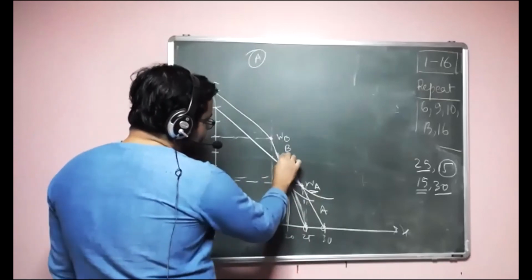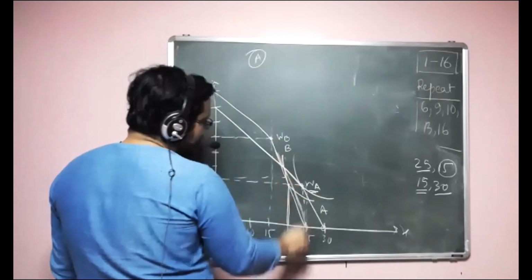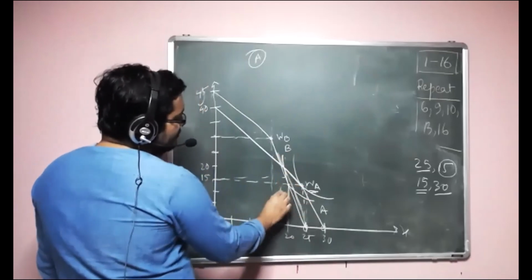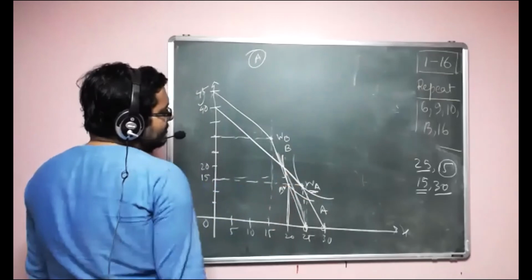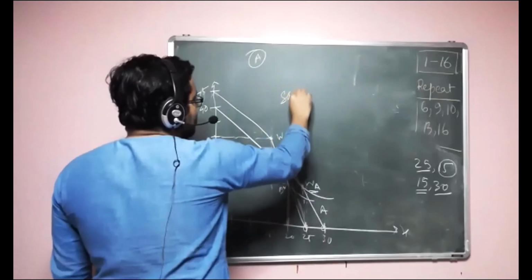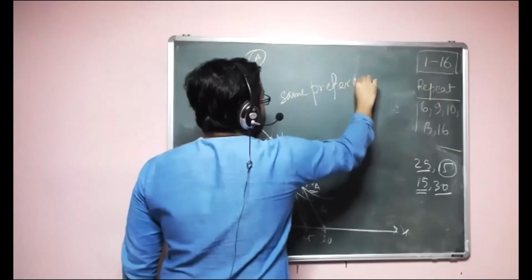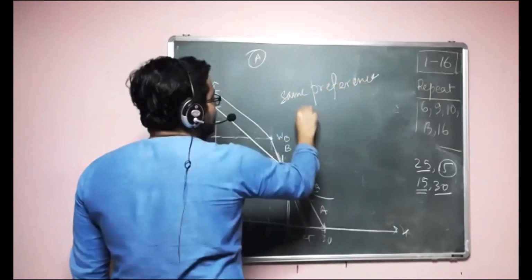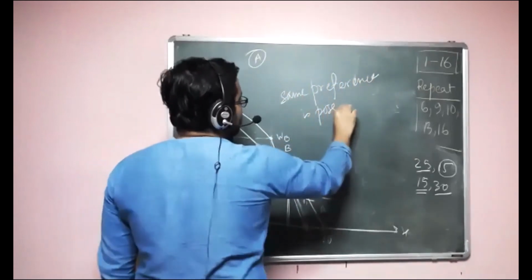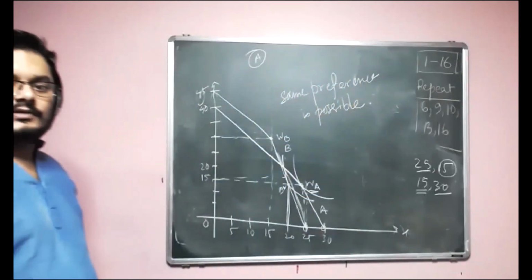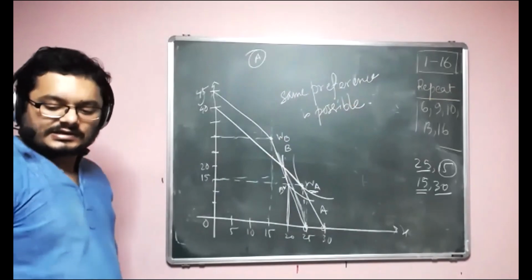I can have ICs which are not intersecting, parallel to each other, and go to the points. So this shows that the same preference is possible. So indeed, the same preference is possible.